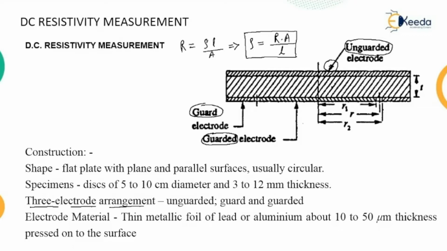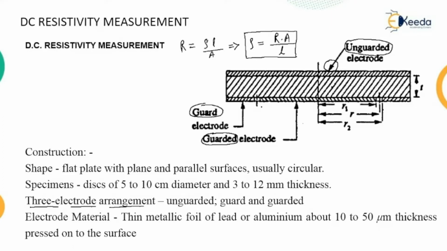The width of this guard electrode must be at least twice the thickness of the specimen, and the unguarded electrode must extend to the outer edge of the guard electrode. The gap between the guarded and guard electrodes should be as small as possible. You can see here the space between the guard and guarded electrodes is very small.